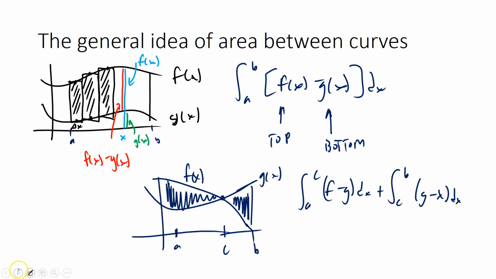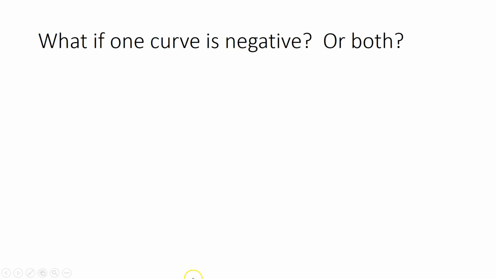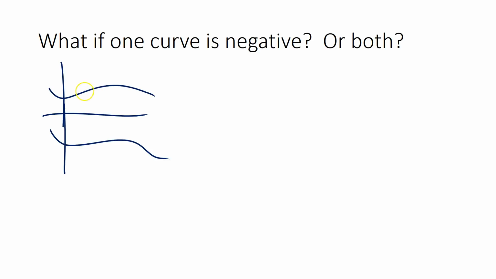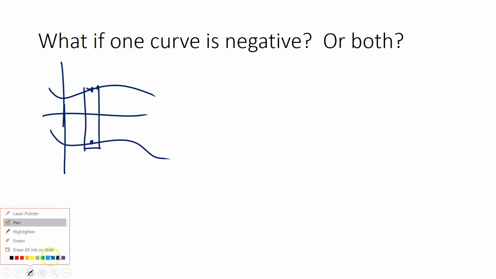So the other question I always get is, what if one of the curves is negative? They say, does it still work if the curves are negative? It does. So let's say that you have a function like this and a function like this. Okay? So to find the area of one of those rectangles, you still want to know the distance between them, right? So if we go back to our magic colors, use a different color this time.